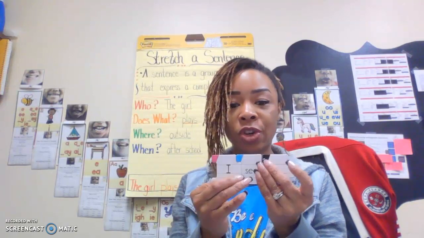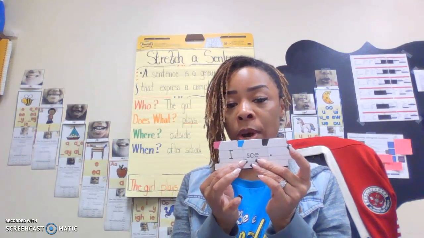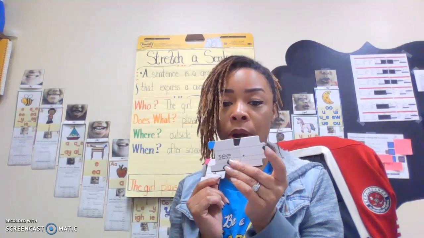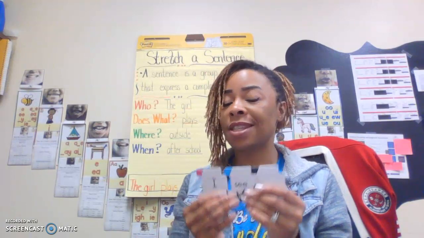Don't forget to add your punctuation at the end so that they know that there is a noun and a verb to show the subject part, which is I, and the predicate part, which is see. Once you have the basics, parents, then you are able to utilize and stretch sentences as large as you want them.